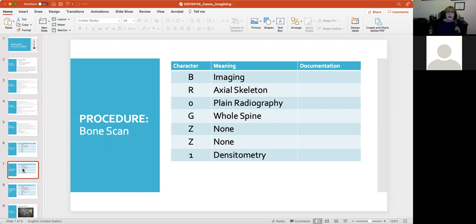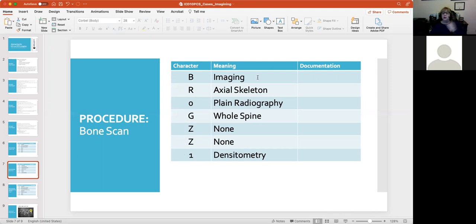Now, another thing that you can do that may help you with PCS is create something like this, a table with 7 rows. And put first character, second character, third character, fourth character, fifth character, sixth character, seventh character.